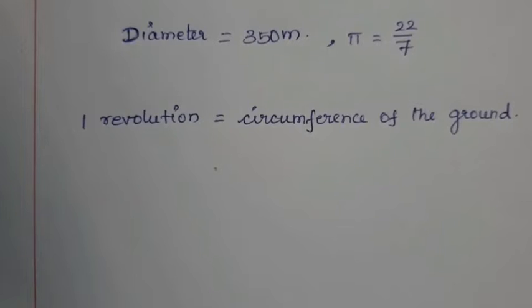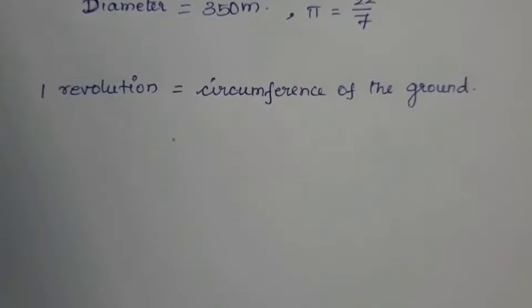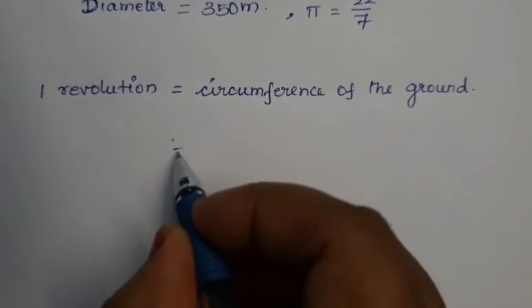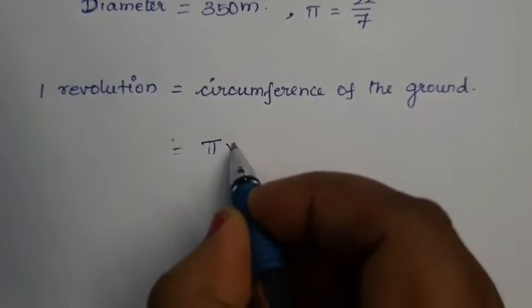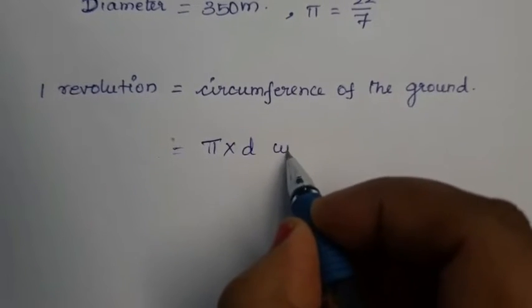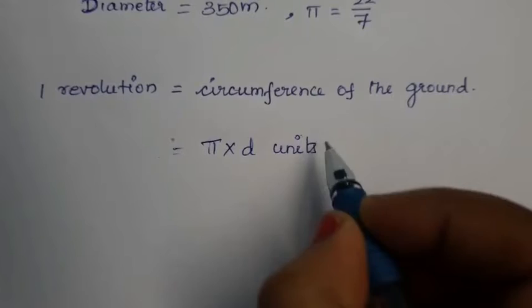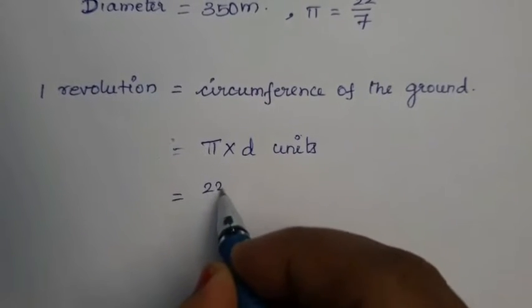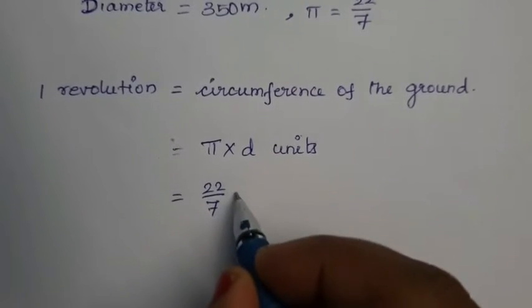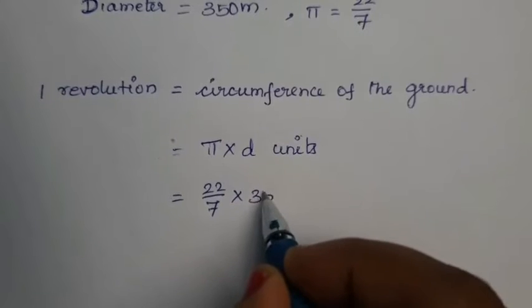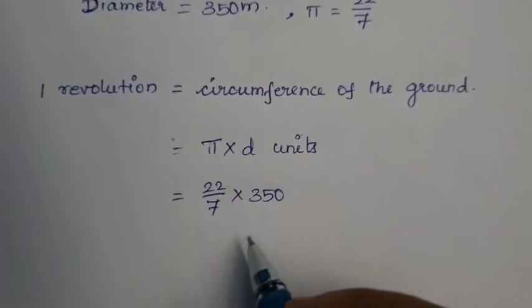Also from the question we can say that the ground is in the form of a circle. So we can use the formula of the circumference of the circle here to find the circumference of the ground. The formula for finding circumference is equal to pi into d units. 22 by 7 is the value of pi and 350 meter is the value of diameter.